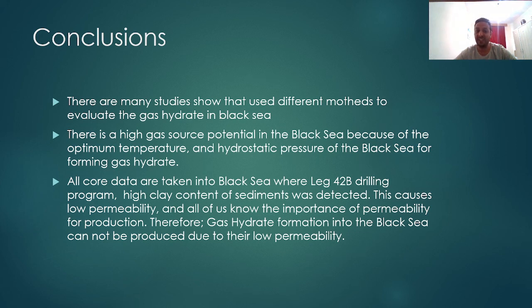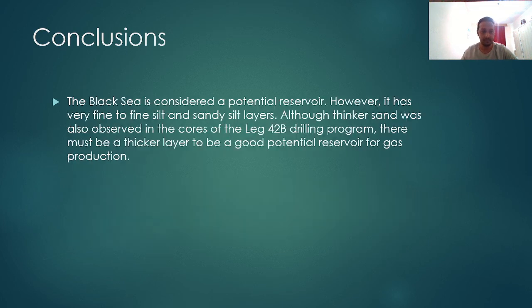Therefore, gas hydrate formation in the Black Sea cannot be produced due to its low permeability. This is one of the disadvantages that we get from the investigation in the Black Sea by Leg 42B drilling. Also, the Black Sea is considered a potential reservoir. However, it has very fine to fine silt. This is one of the disadvantages also.